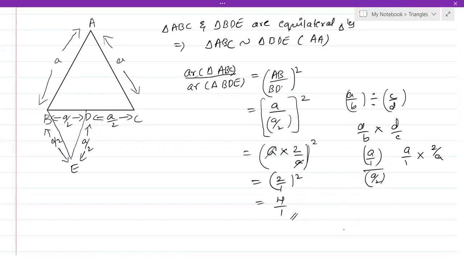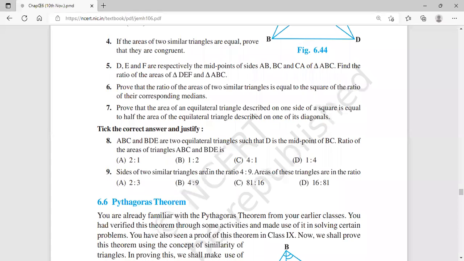Similarly, let's get into the next question. In the next question, the sides of two similar triangles are in the ratio 4:9. Areas of these triangles are in the ratio? Let me solve it here itself.